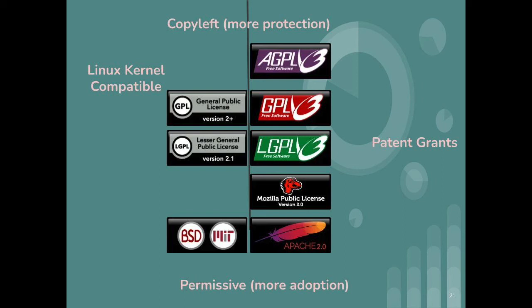So a permissive license allows anybody to do anything they like with the software. And obviously, this will be the choice to maximize immediate adoption of the software. But these licenses do nothing to prevent other people from free riding on what you're doing.